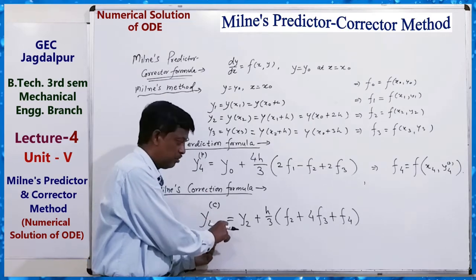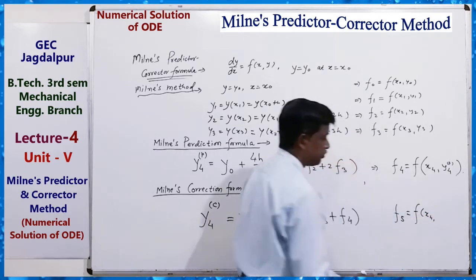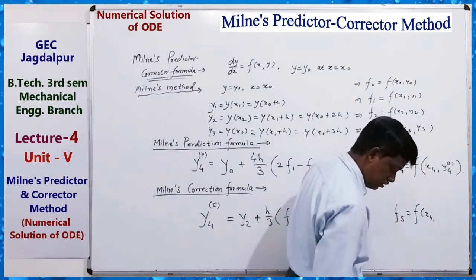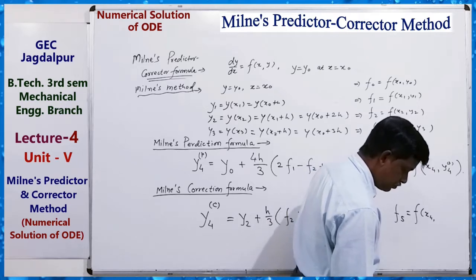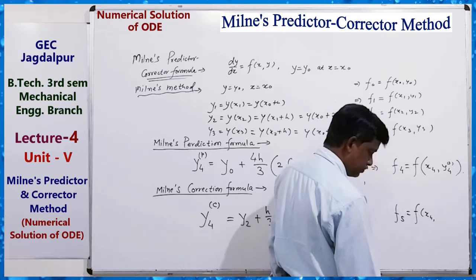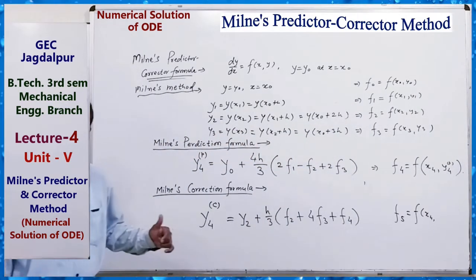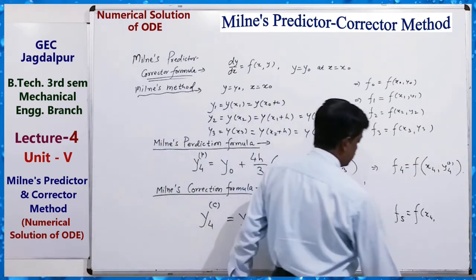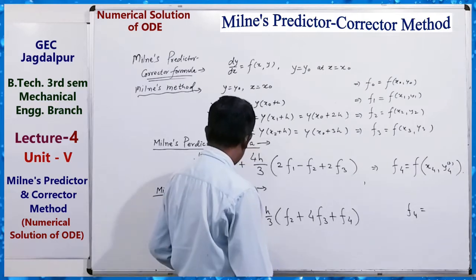For this value y4 and taking x4, you can find f4 again.